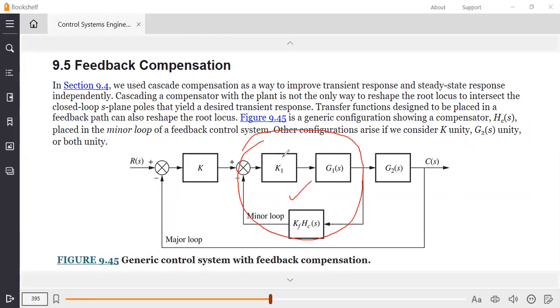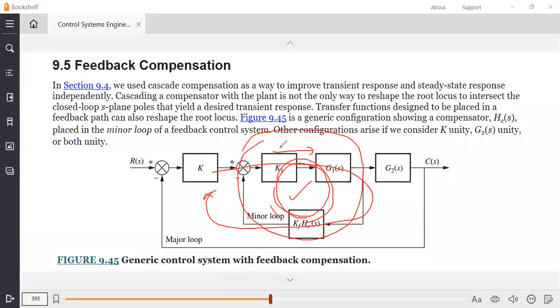Then this particular loop will be considered as a forward path gain for the whole transfer function. So basically two separate ones. In the first one, we'll try to figure out what is happening in this minor loop only, and then we are going to design the unity feedback, the whole thing.